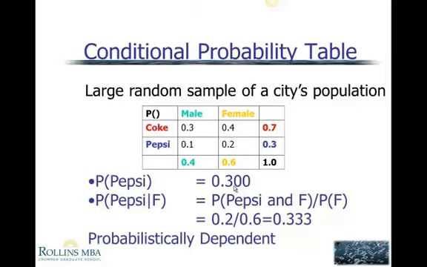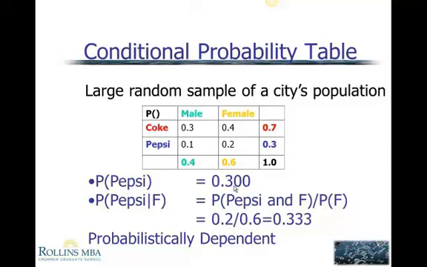So it seems as though in this city, again, if the sample can be assumed to be representative, there's a slightly higher probability of being a Pepsi drinker if the person is female than in the overall population.